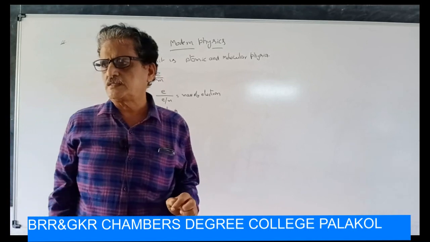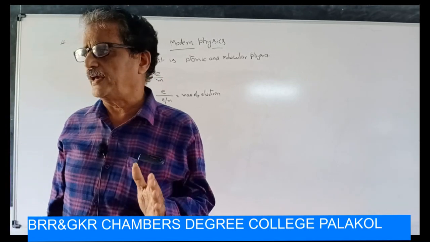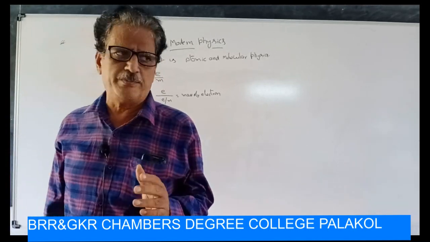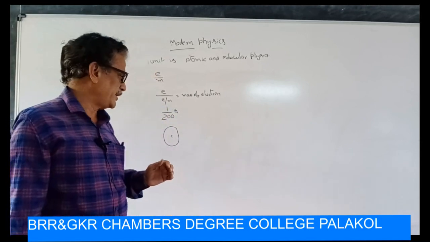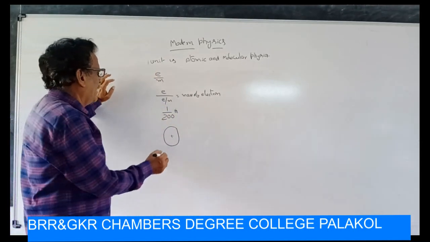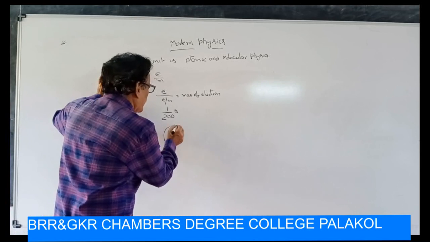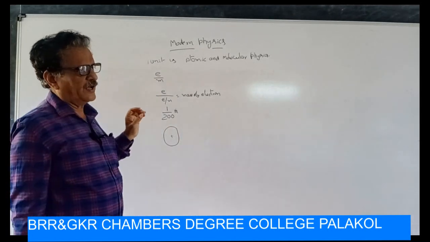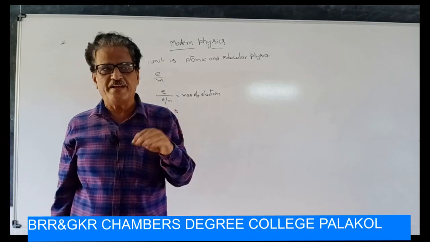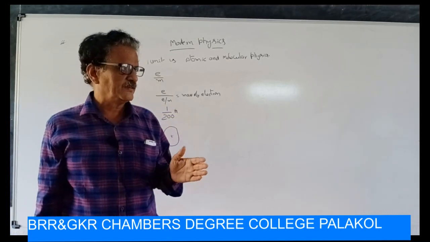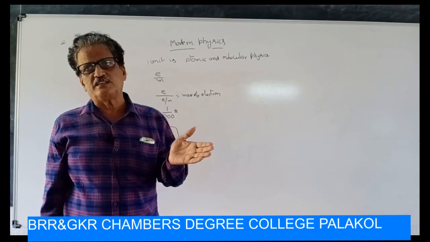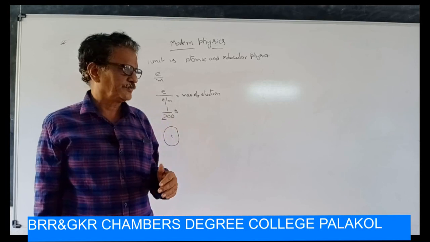These orbits are also called stationary orbits. Why? Because as long as the electron revolves in this circular orbit, it cannot radiate energy. That means it cannot lose its energy.